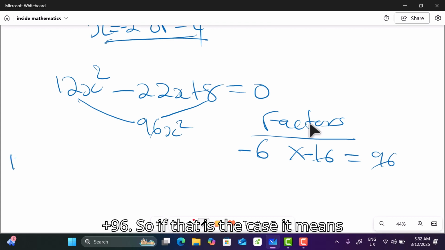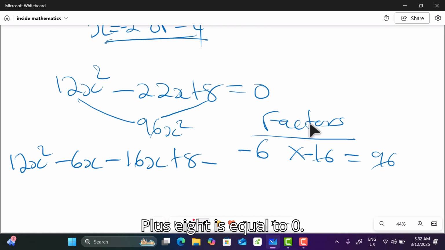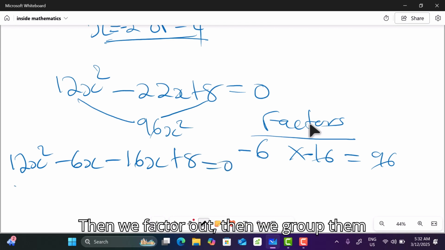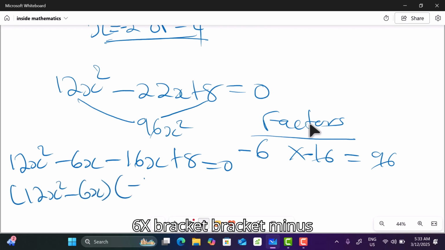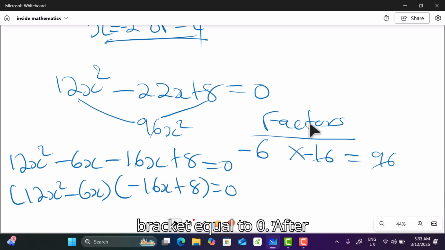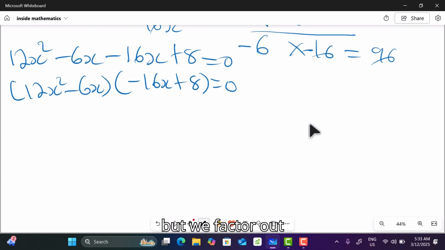So if that is the case, it means 12x squared minus 6x minus 16x plus 8 equals 0. Then we group them first: (12x squared minus 6x) plus (minus 16x plus 8) equals 0. After doing so, we factor out 6x here.